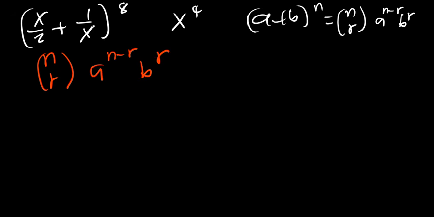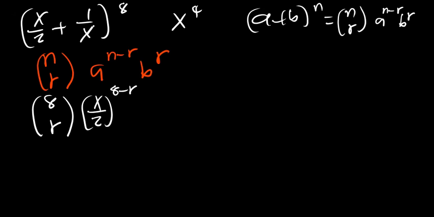But what is n? n is 8. What is r? I don't know. What is a? a is x over 2, to the power 8 minus r. b is 1 over x raised to the power r. If there was a negative here, I would have included negative here. But there's no negative. It is positive.